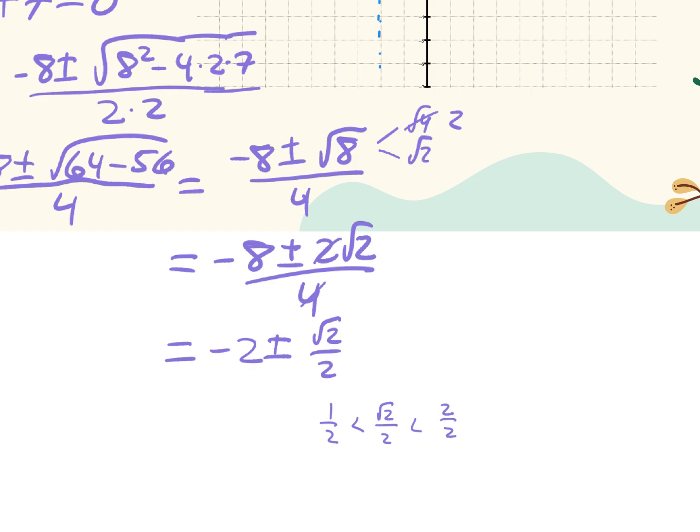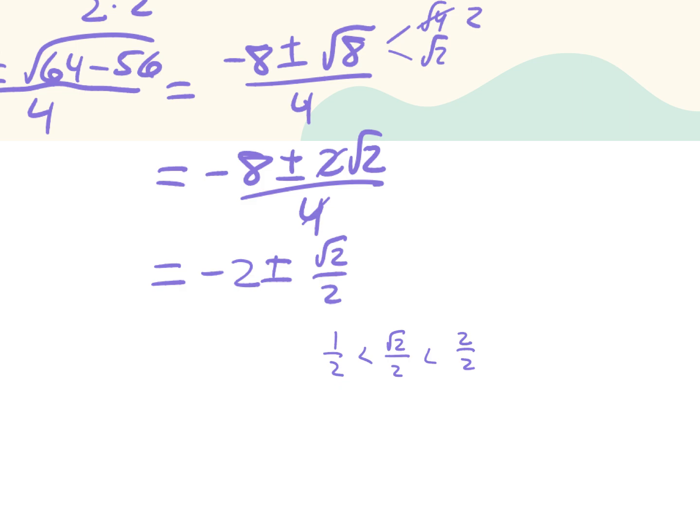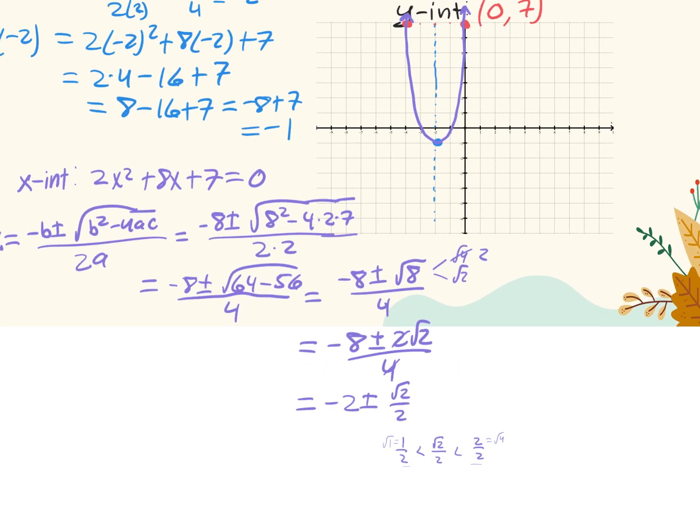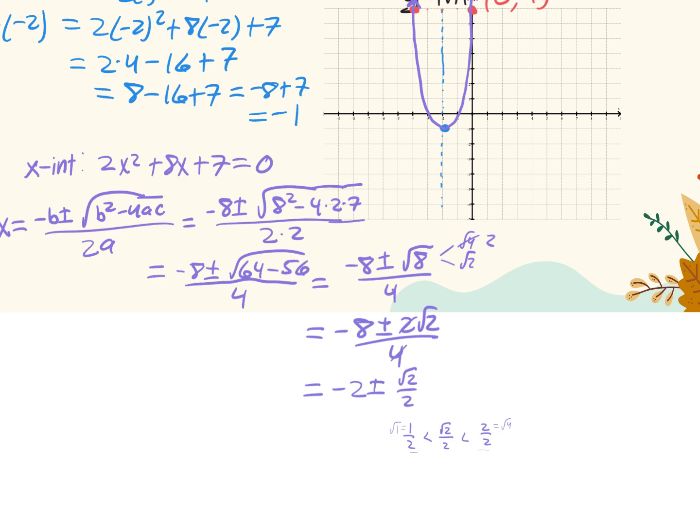Why am I saying this? Well, because we know that the square root of 2 is definitely going to be bigger than the square root of 1, right? But the square root of 1 is 1. And we know that it's going to be less than the square root of 4, right? And the square root of 4 is 2, right? So it has to be between 1/2 and 1, right? If you're not comfortable with that, that's fine. As long as you get your value, that's all I really care about.